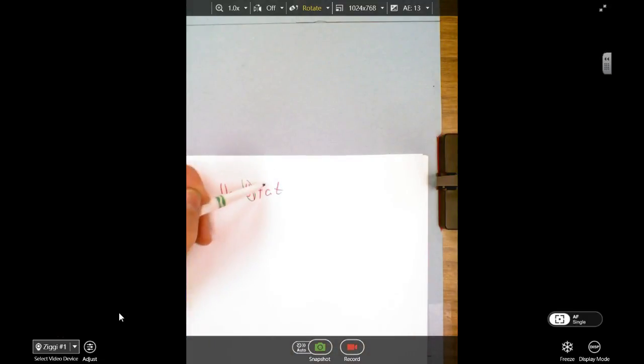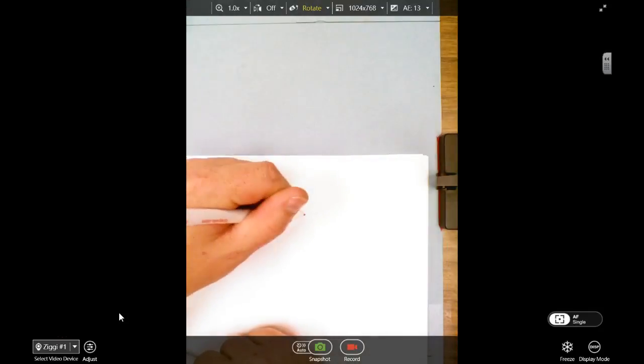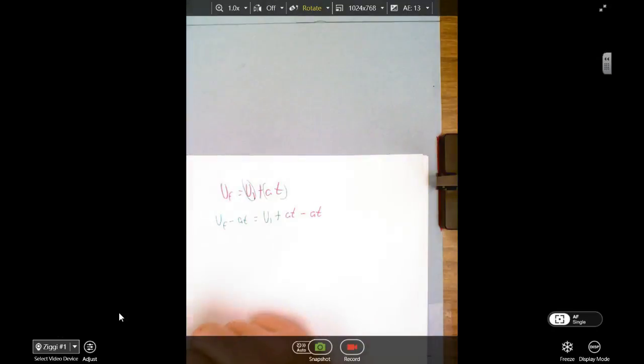Since it is added to this quantity here, I can say velocity final minus A times T is equal to velocity initial plus A times T minus A times T. Very quickly you realize these are going to cancel, so you end up with velocity final minus A times T equals velocity initial. Now I could rearrange it the other direction, but I'm saying the initial velocity would be your final minus how much you changed it.